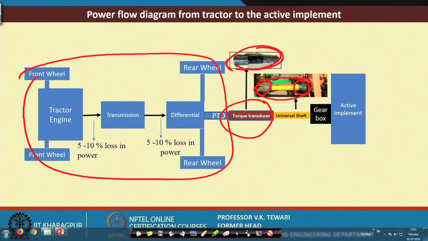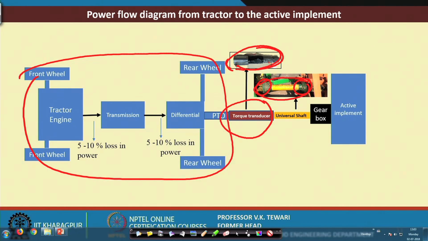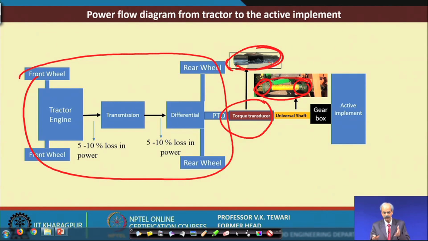So, there is a need to extend that. For that a proper design was done, simulation was done, and then we wanted to find out what should be the actual length, where that should be, and how that should be connected. Now, particularly when we are talking with respect to PTO, we are using an active implement with this. So, let us see how it is connected.